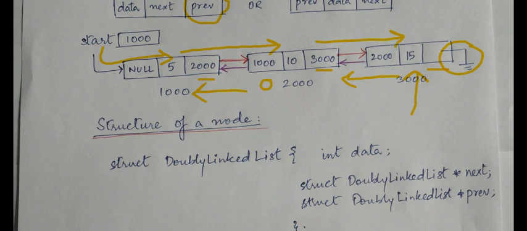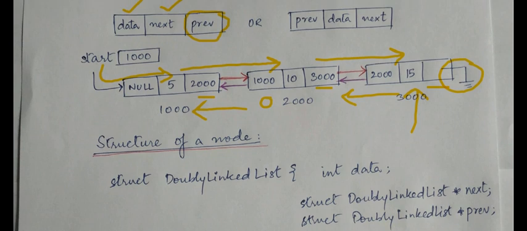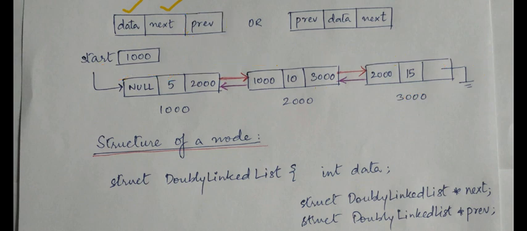So if you look at this here, this is your previous, this is your data, and this is your next. This is how this figure is defined. So in doubly linked list, the traversal is in both directions, forwards and backwards. This is the main difference between singly list and doubly linked list.